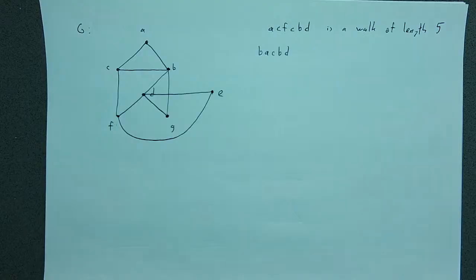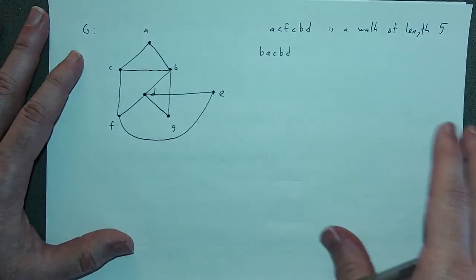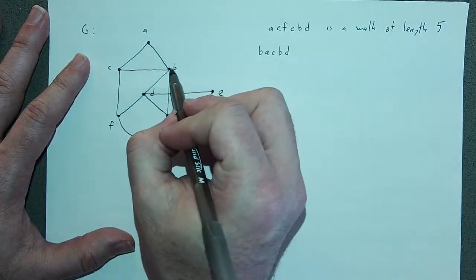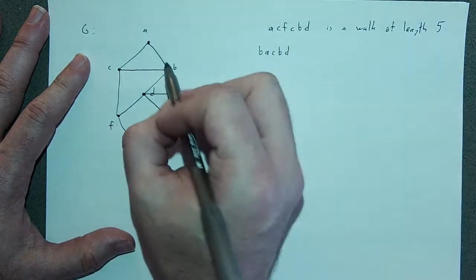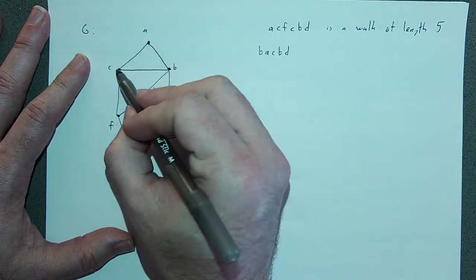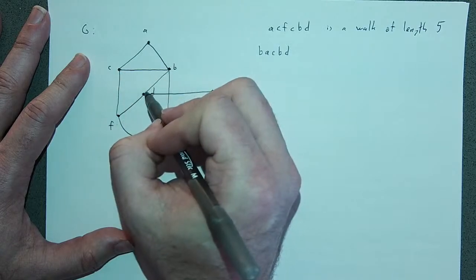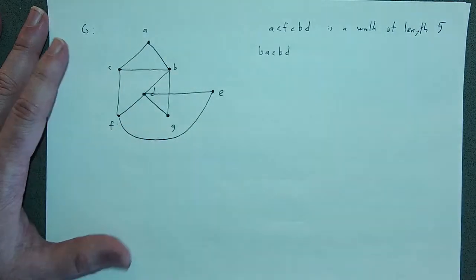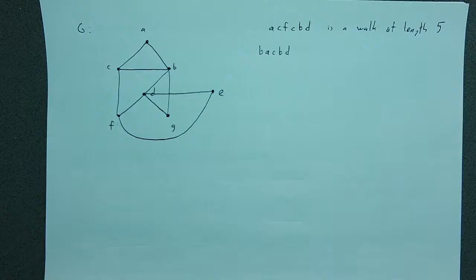Even though a trail only refers to the edges, so technically this is a sequence that refers to some edges. Those edges were distinct. So even with the repetition of B here, the edges were distinct. So look, B, A, C, B, D. Those edges are distinct. So this is actually a trail of length 4.